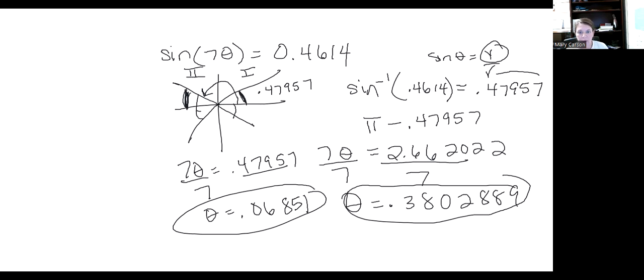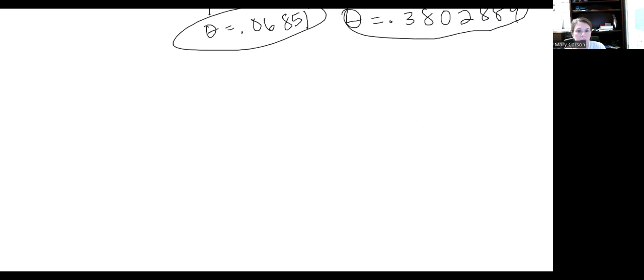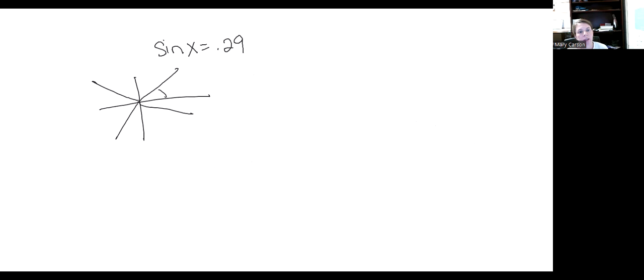All right, that was question 4. When we look at question 9, 9 and 10 were a little bit easier. Sine of x equals 0.29. Same thing, we're looking at sines, here, here, here, and here. And we're talking about positive, so we're looking at quadrant 1 and quadrant 2.